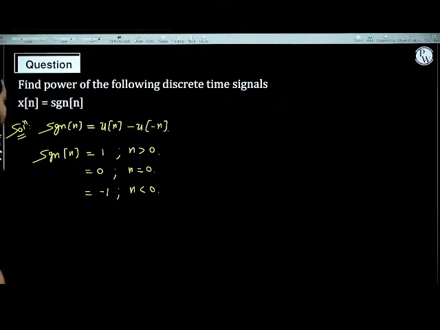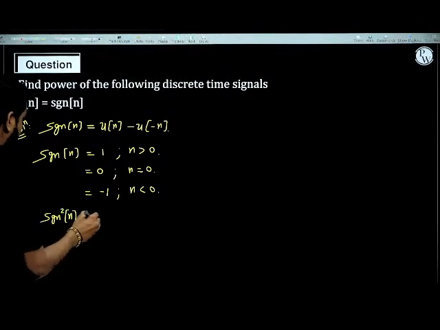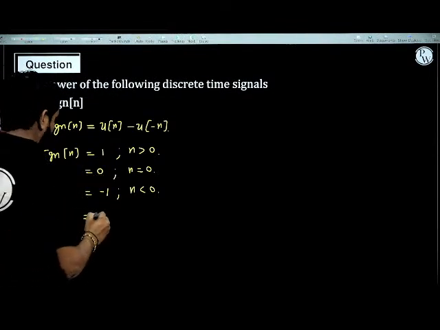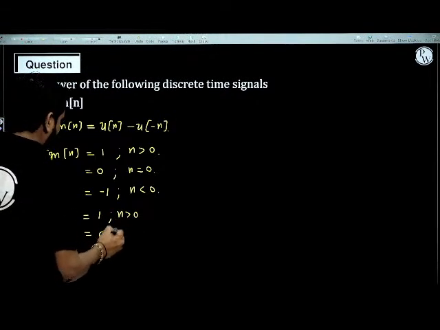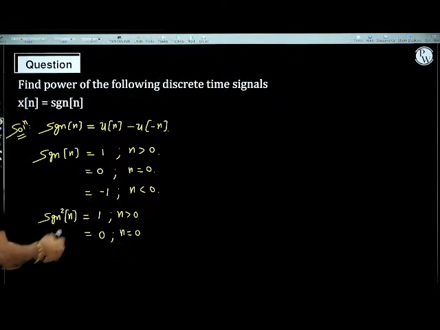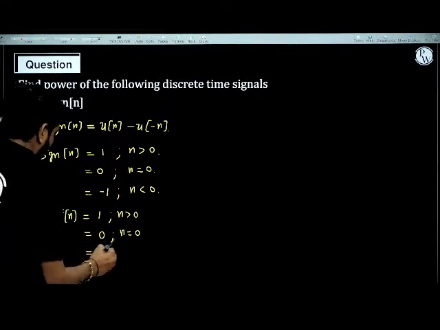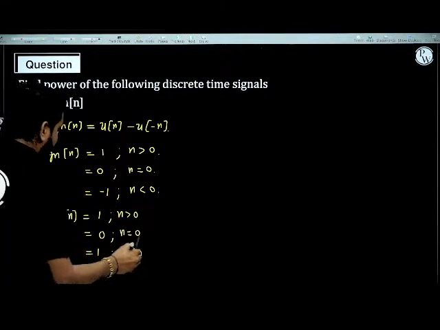What is the square of this signum function, guys? Because for power we require squaring of the signal. So the square of 1 is 1 for n greater than 0, the square of 0 is 0 for n equal to 0, and minus 1 squared is 1 for n less than 0.